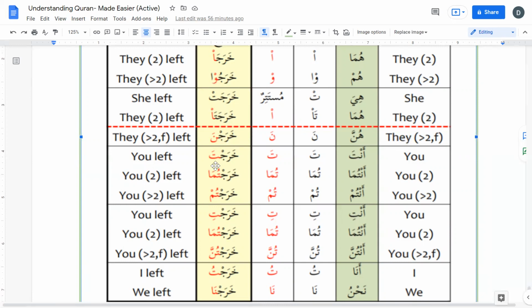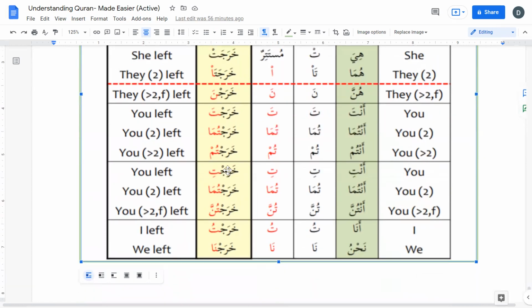Just to make it easy to remember, think about anta. The anta has ta at the end, so the fi'l madi would have ta at the end. Okay, kharajta. After hunna, always sukoon on the lam kalma. So kharaja plus ta from anta, but after hunna there should be a sukoon, so it becomes kharajta.